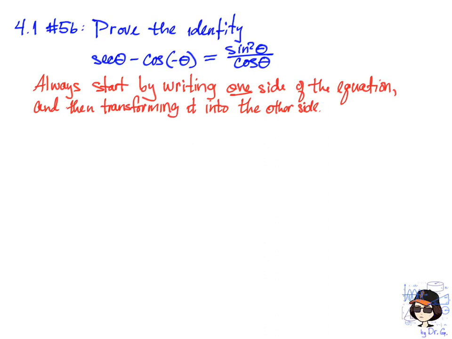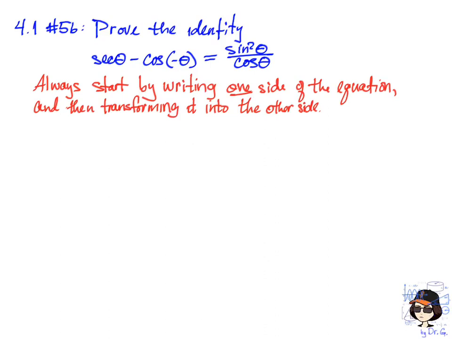So any value of theta that you can plug into the equation is legal, right? And this equation will always be true for any value that you can plug in. So the way to prove that an equation is always true is to start with one side of the equation and then show by simplifying it that you will eventually get the other side of the equation.